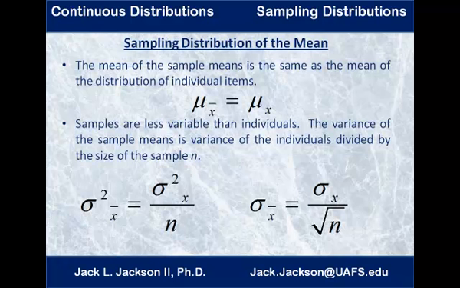And so this tells you how the mean and standard deviation are going to compare. No change in center, the same mean for x bars and x's, but there is a smaller variance, smaller standard deviation. The standard deviation of the x bars is the standard deviation of the x's divided by the square root of n, or perhaps even simpler, the formula on the variance: the variance of the x bars is the variance of the x's divided by n.